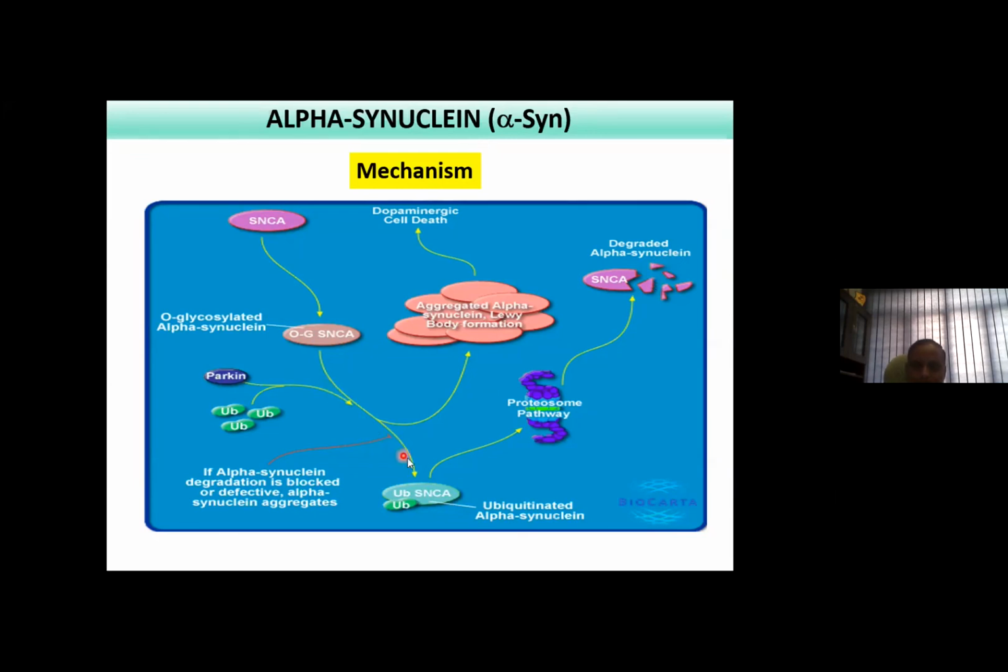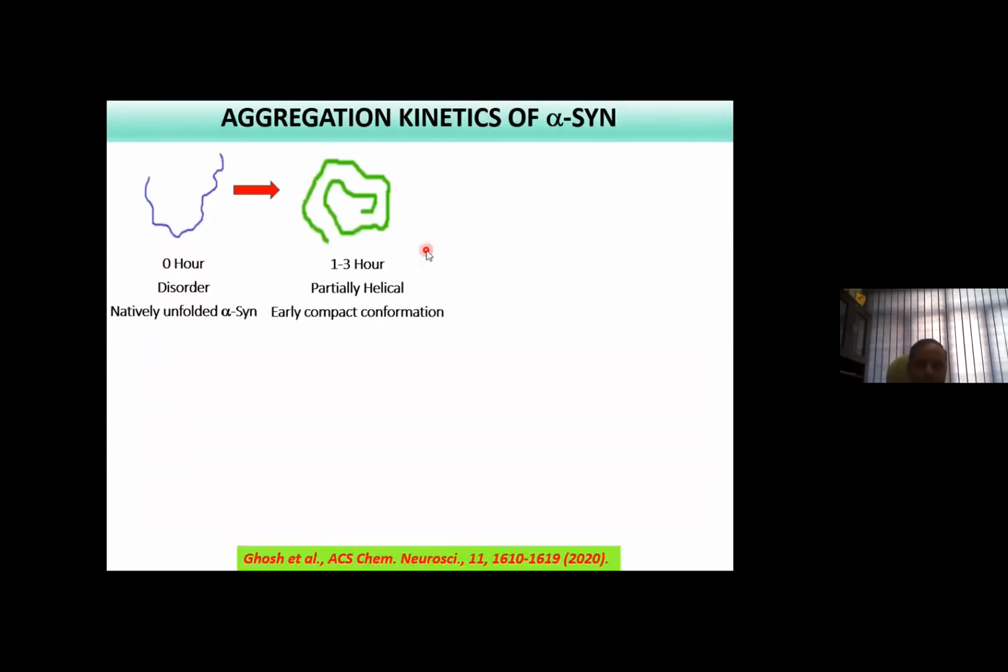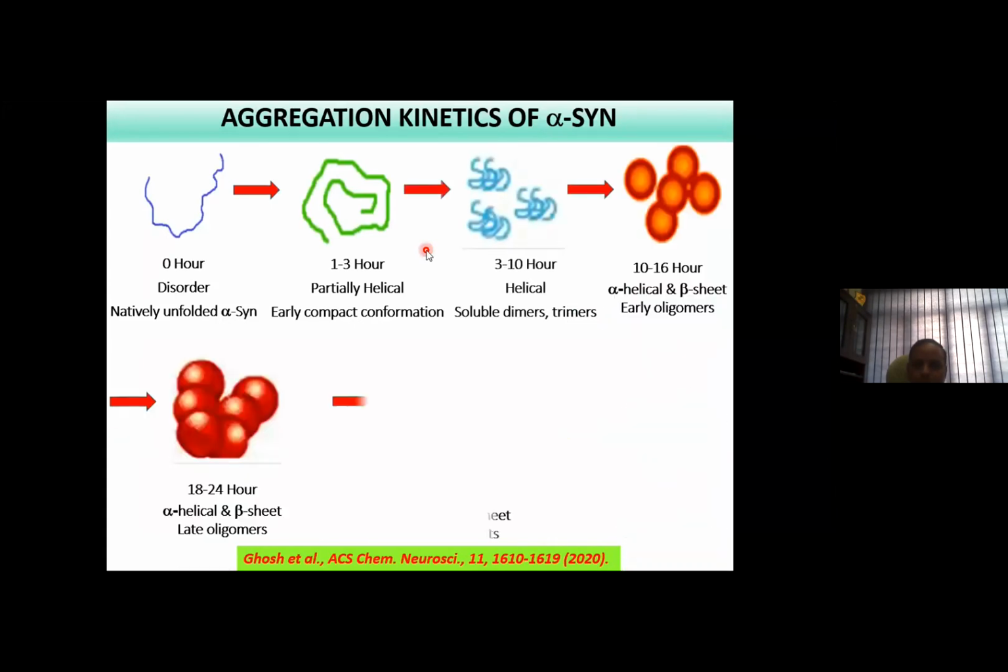But if this natural process does not proceed properly because of some defect in the Parkin2 gene, then the ubiquitination process is disrupted, and they form aggregated species and go on to kill the dopaminergic cells. That results in Parkinson's.